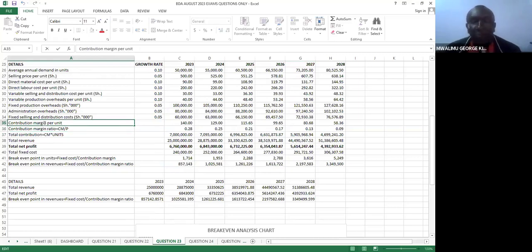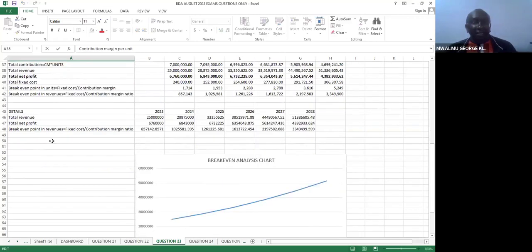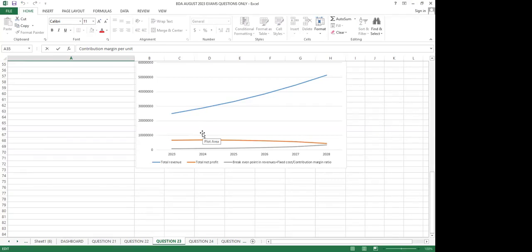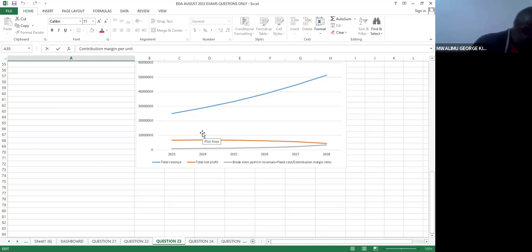The next one is maybe how to draw the break-even chart, which I think we had done, which is also represented by this one. But if you want us to have a different chart for break-even, we can still have it.